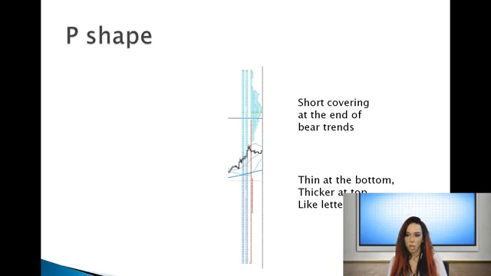Next up is a P-shaped profile. Another thing that's useful in hindsight, P-shaped days usually means short covering from the institutions. It usually happens in bear trends. And it means that those market participants who have been short all that time in probably enormous positions, they are now getting rid of their positions or part of their positions.